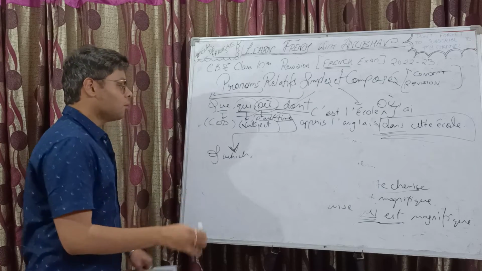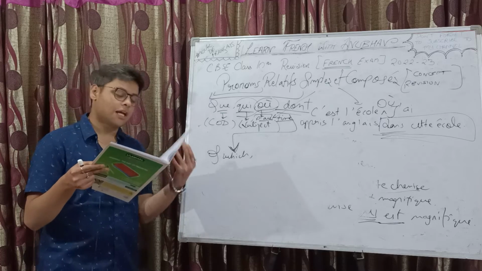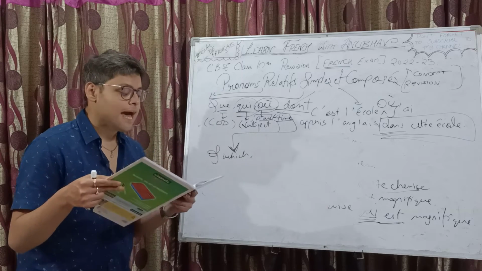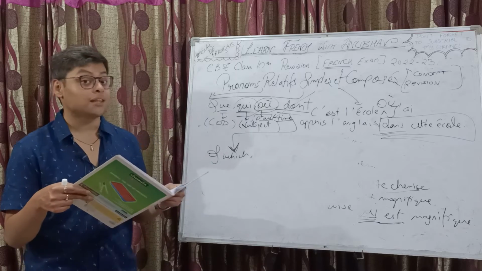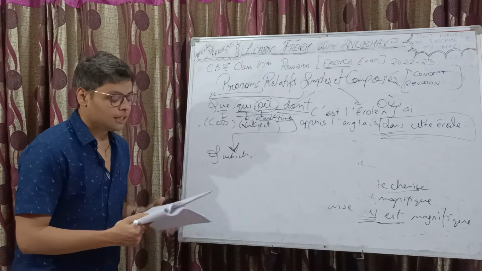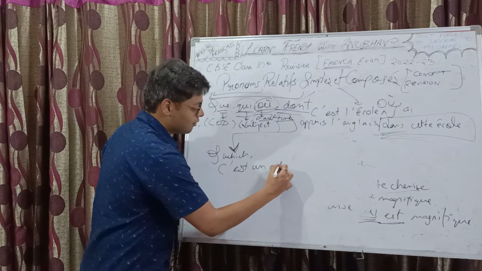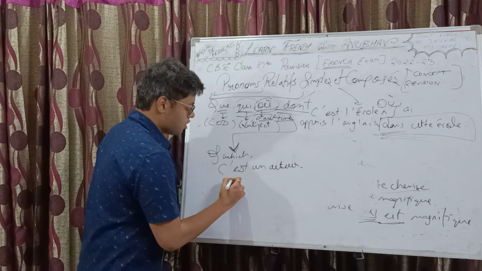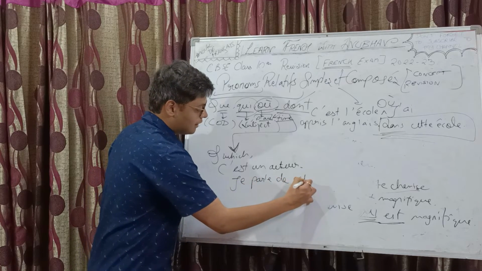Okay. Dont translates to of which, of whom, from which, from whom, like that. And dont replaces nouns, adjectives, etc., usually preceded by de. Okay. For example, c'est un acteur. Je parle de cet acteur.